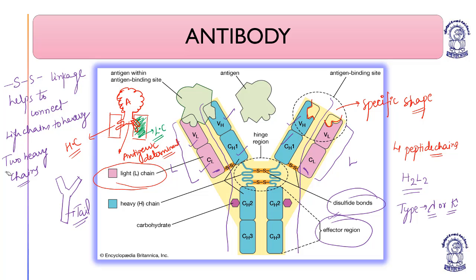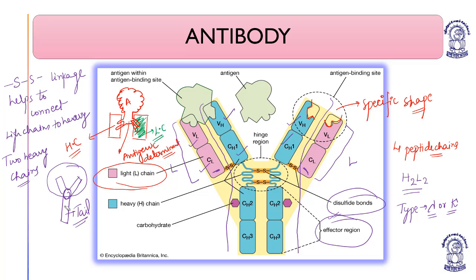The part of the antibody which is maximally flexible is called the hinge region. These projections are known as what? Arms. This is the hinge part, and this is the tail part. Now, there is a very important region known as what?